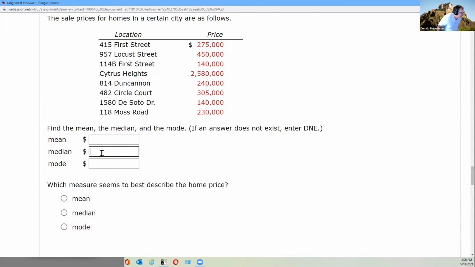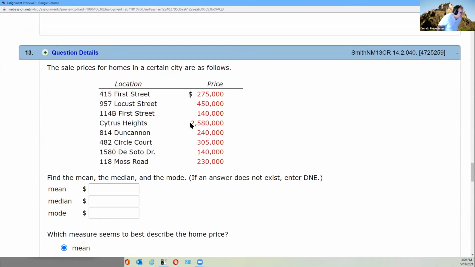Which one of these measures is the best for home price? I would not be choosing the mean. Do you see this weird house here at 2.5 million? Wouldn't that make the average price like twice as much as everybody else's? So that would have been a bad choice. I would probably pick the median in this case.